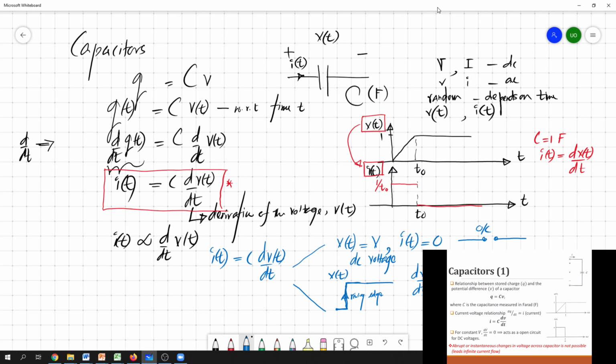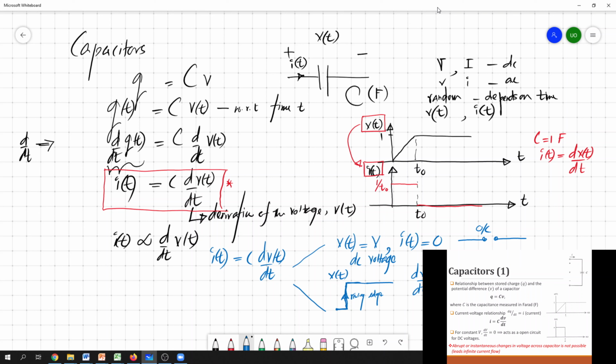But in a practical scenario, you cannot boost your current to infinity, because whatever circuits you connect, these capacitors are powered by fixed DC sources. So there's a limit for the current, so they cannot absorb infinite current from the source. There is a maximum current which a particular circuit can draw from these external sources.